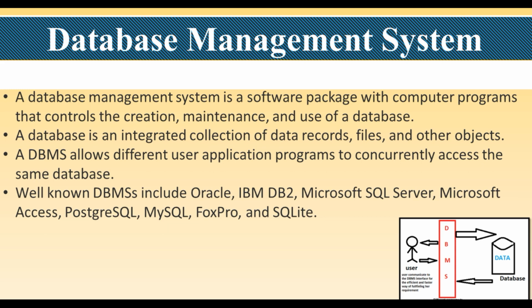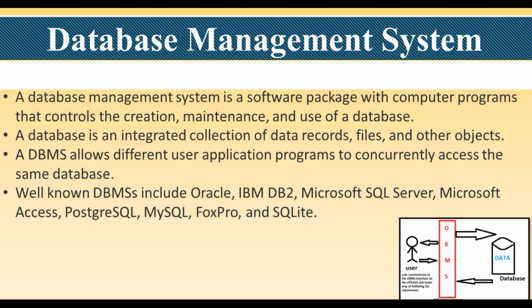The third thing, a DBMS allows different user application programs to concurrently access the same database. Students, here is a new word for you, concurrently access. That means if a DBMS is a storage place of information in an organized way, it allows different user application programs to access the same information simultaneously without losing its property.